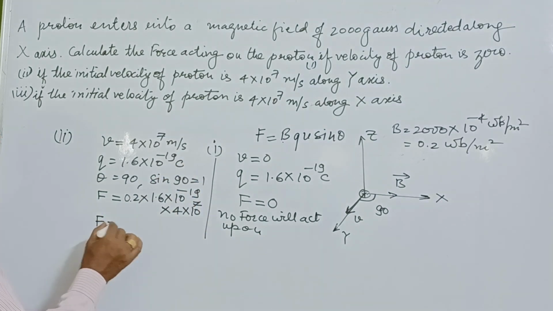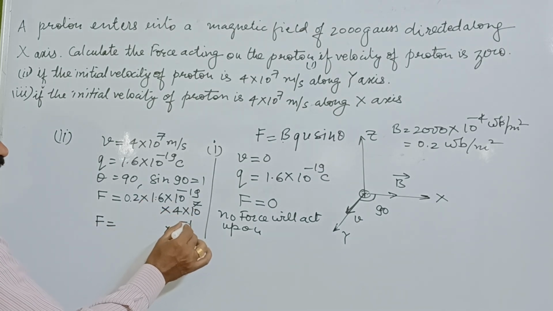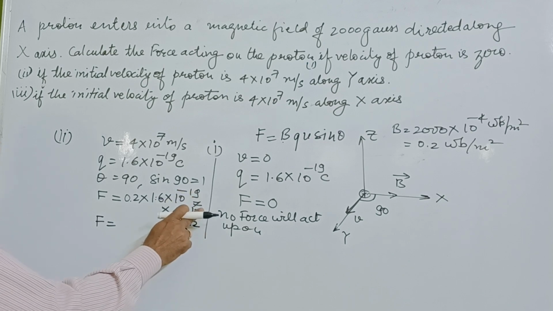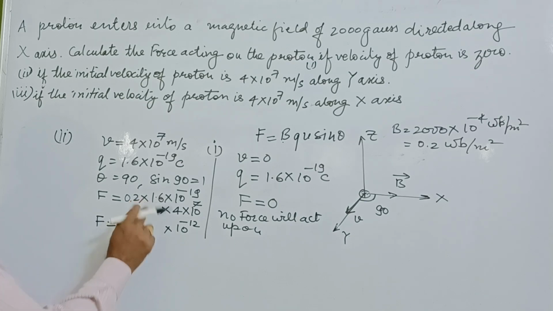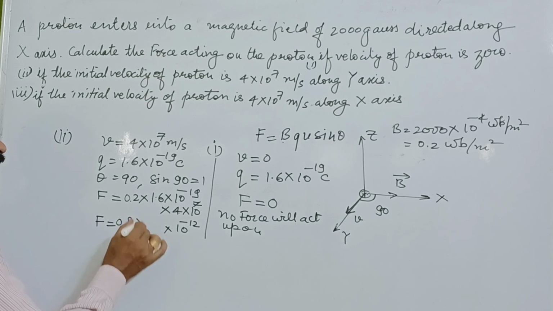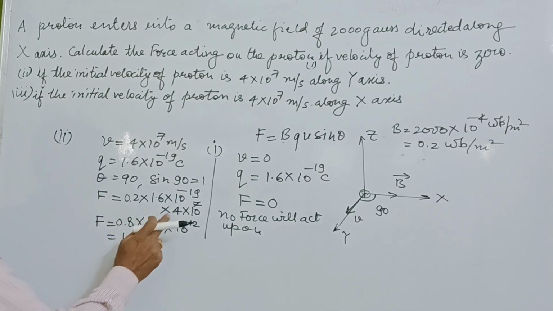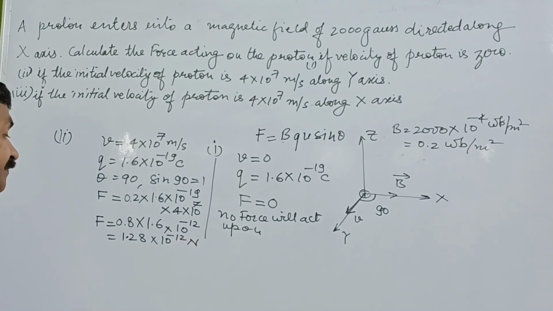So if we calculate the force, it is 0.2 times 1.6 times 4, with 10 raised to the power minus 19 and 7, which gives 1.28 into 10 raised to the power minus 12 Newton.